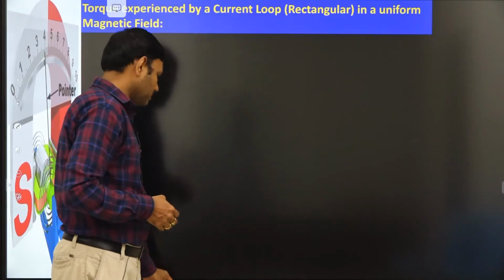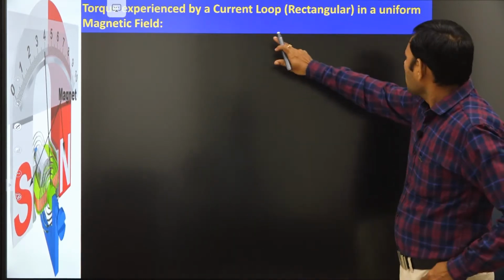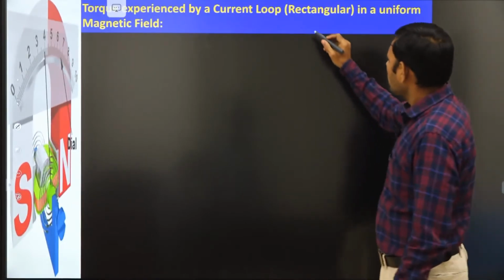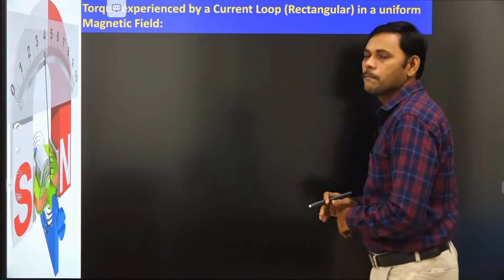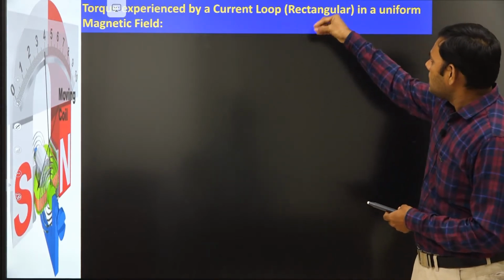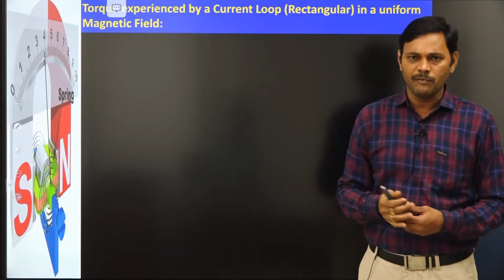Coming to the first topic, that is the torque experienced by a current loop. Especially here we are using a rectangular loop in a uniform magnetic field. This torque experienced by a current loop in a uniform magnetic field has plenty of applications in our daily life.